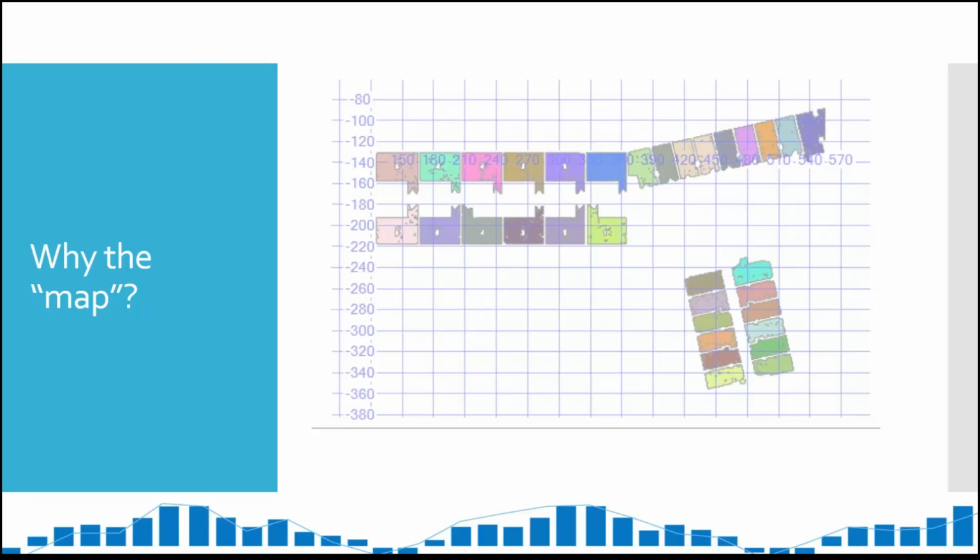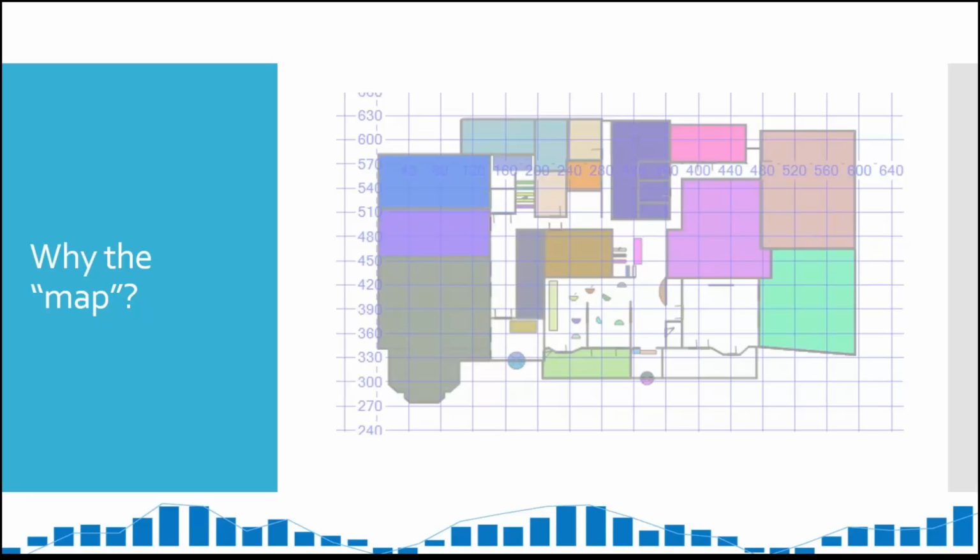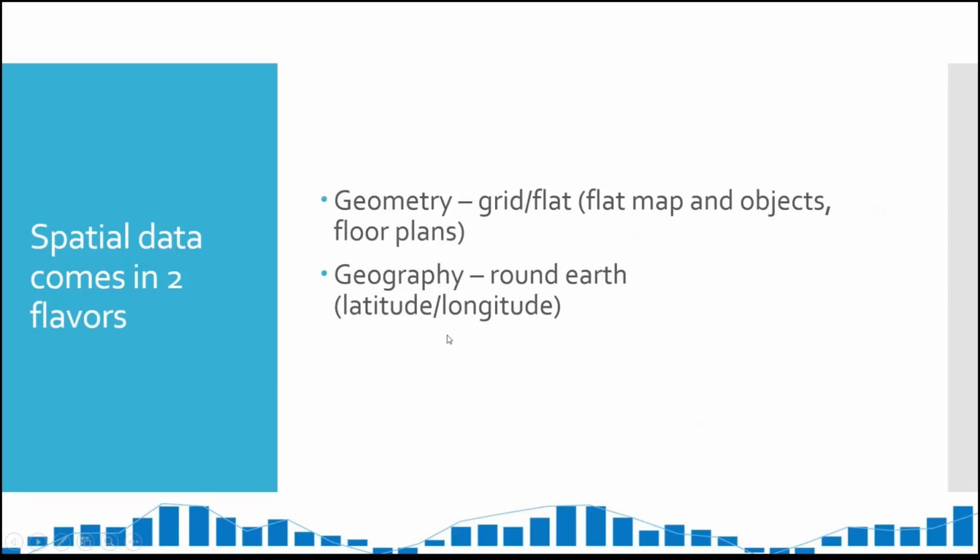Here's another example of a floor plan, returning results from within SQL Server. So not the typical thought of a map, but this is also a map. Okay, so when you're talking about spatial data, it comes in two different flavors: the geometry data type and the geography data type.